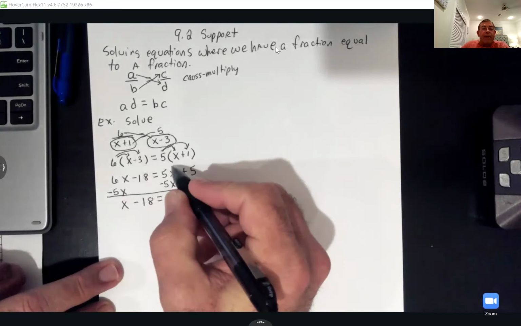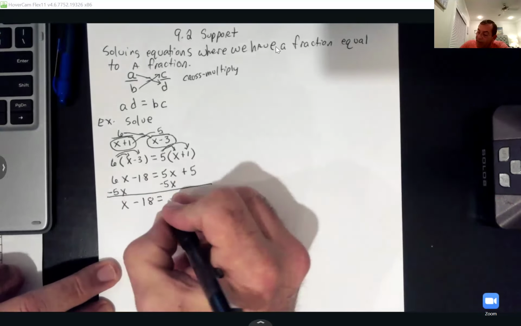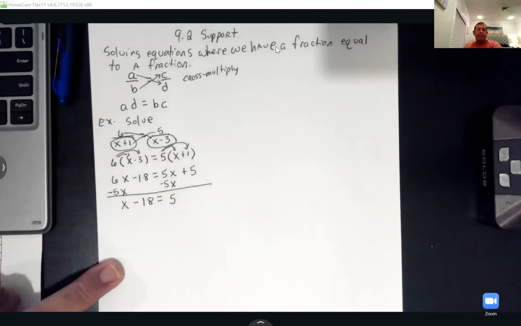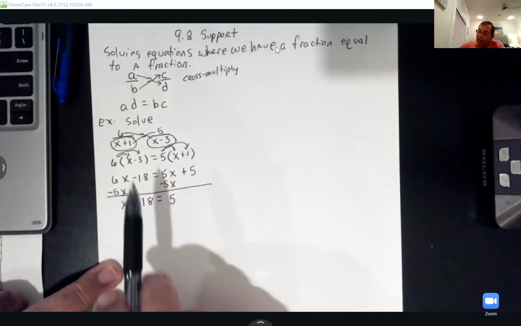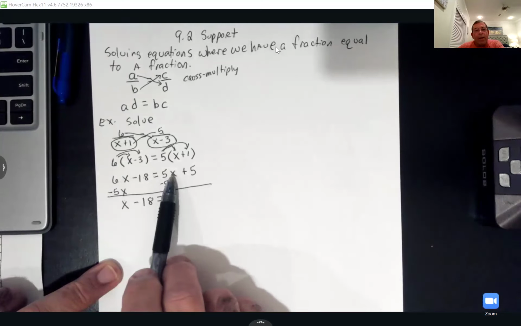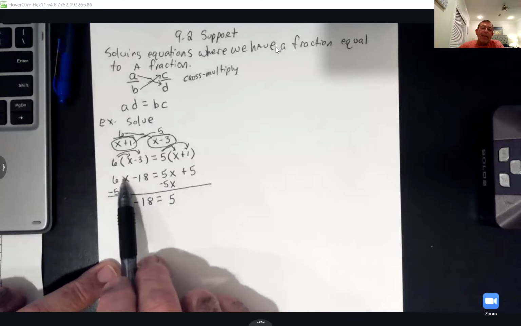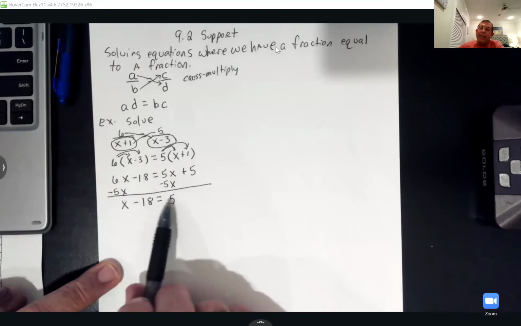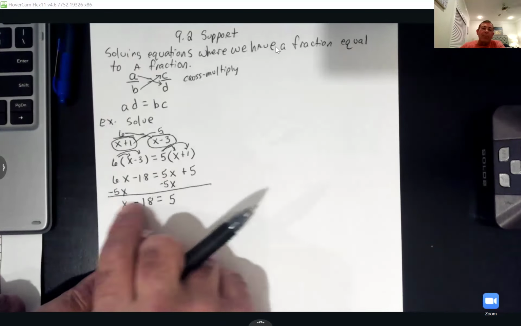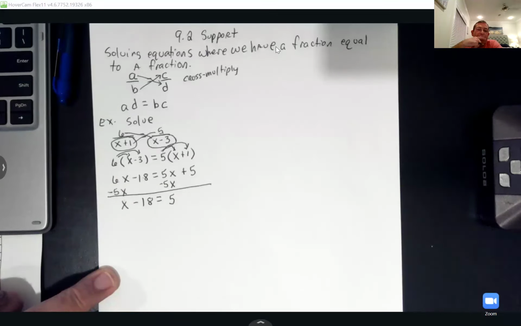Over here, the 5x is canceling. All that's left is a 5. Now, you could have moved the x's over here and the numbers here, but you would have had a negative. When you add negative 6 to 5, that would have made your x negative. And I try to sort of keep mine positive.